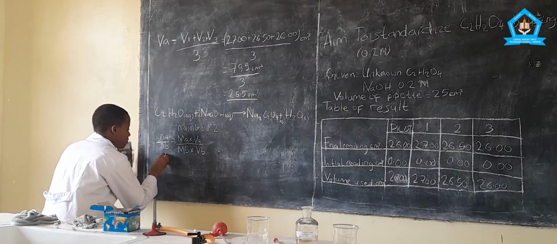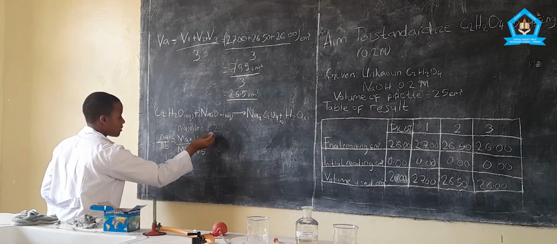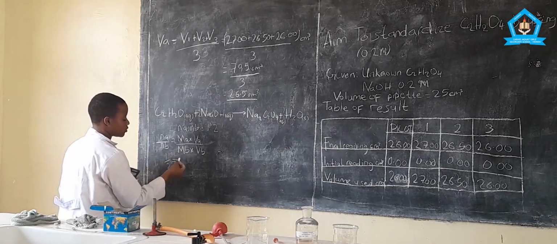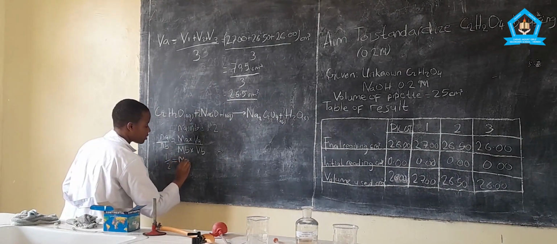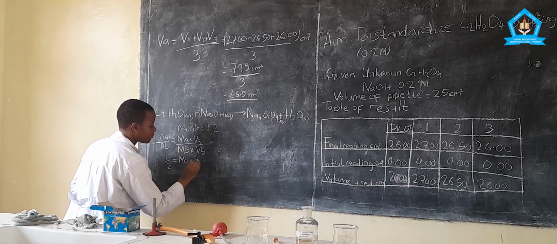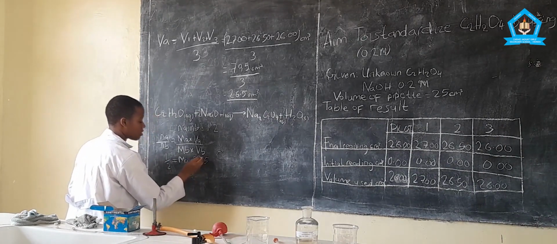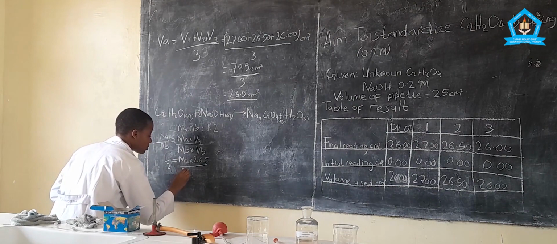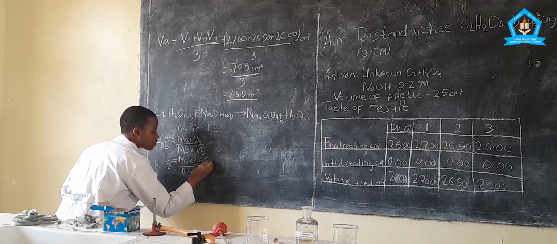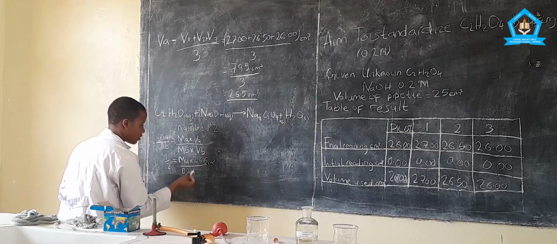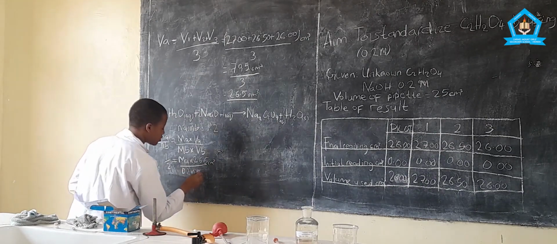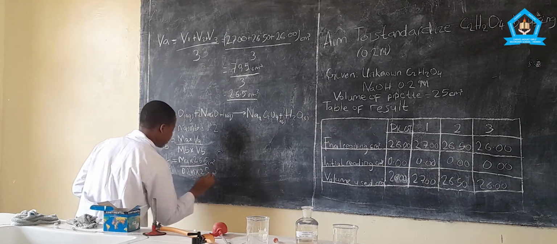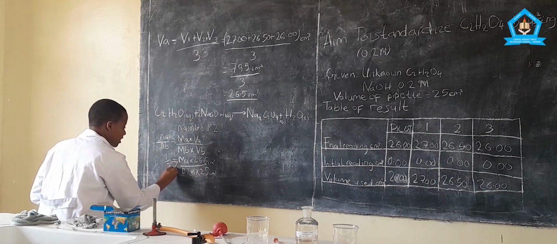Number of moles of acid is 1 and number of moles of base is 2, which is equal to the molarity of acid, which is unknown, times volume of acid 26.5, divided by molarity of base 0.2 M times volume of base, which is 25 centimeter cubic.